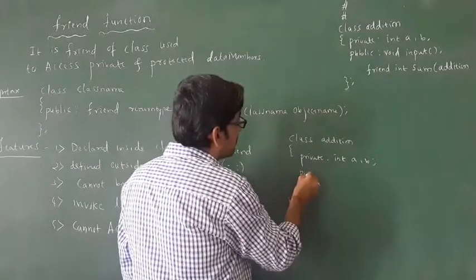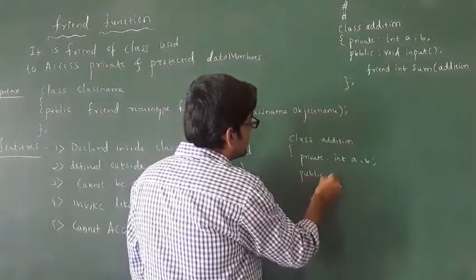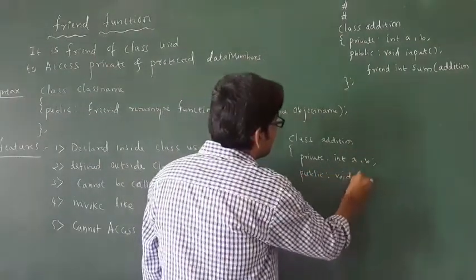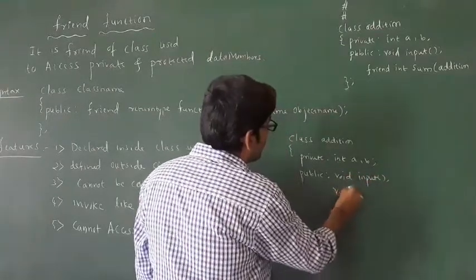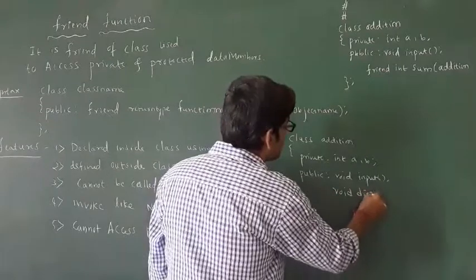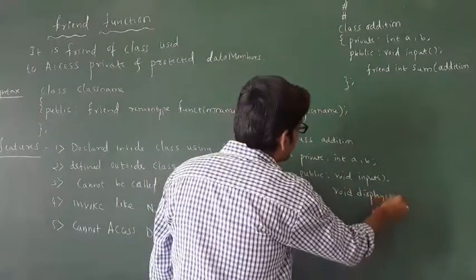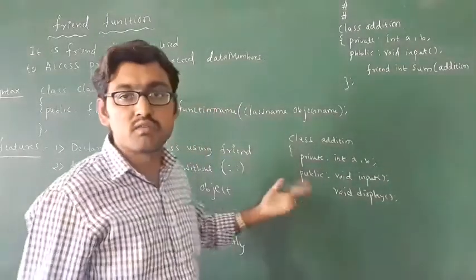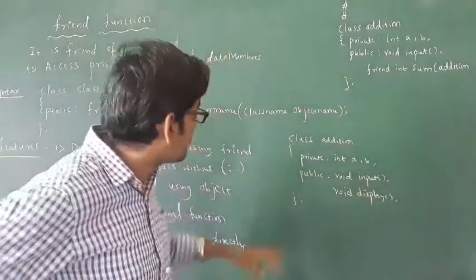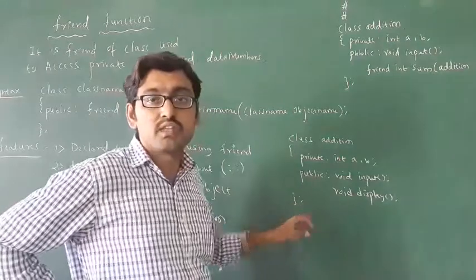In the public section I take void input, then void display. Then close the bracket. This is one class, and a class is always closed with a semicolon.